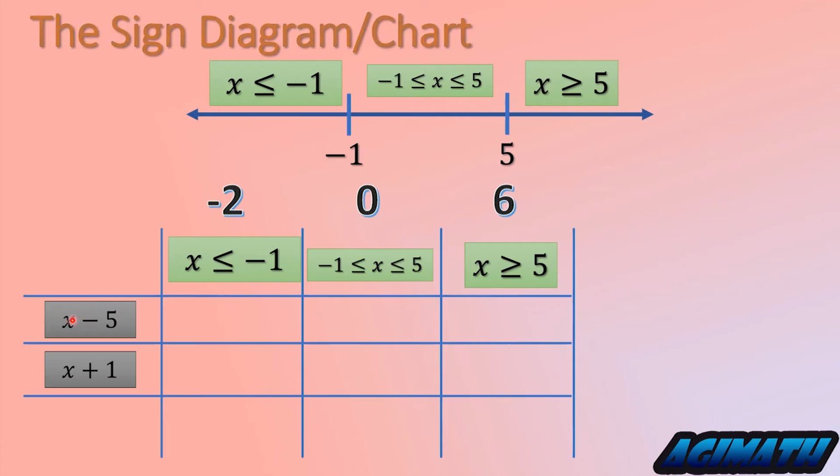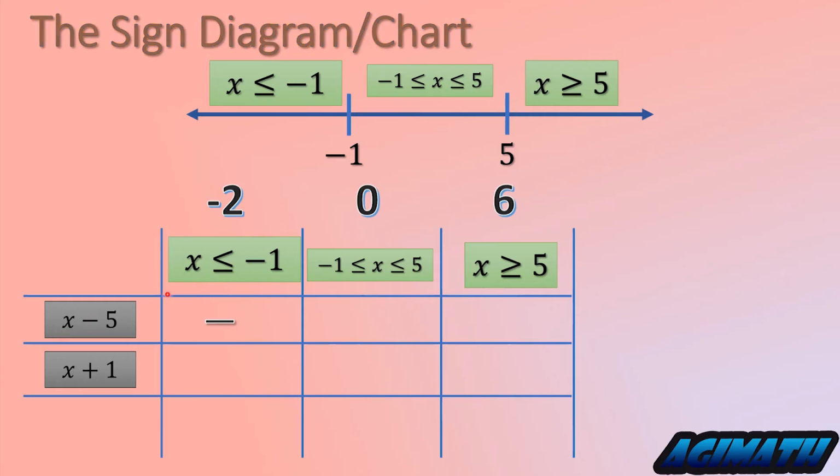For example, x minus 5. If we substitute x by negative 2, negative 2 minus 5 is negative 7. But what is our concern is just the sign. So in short, the value of this factor is negative in this interval.